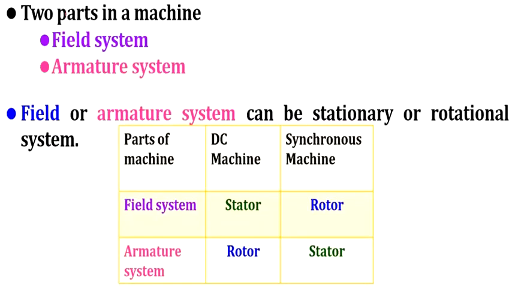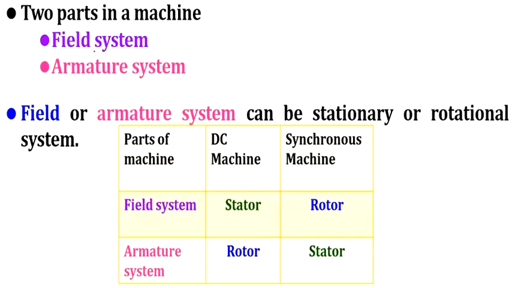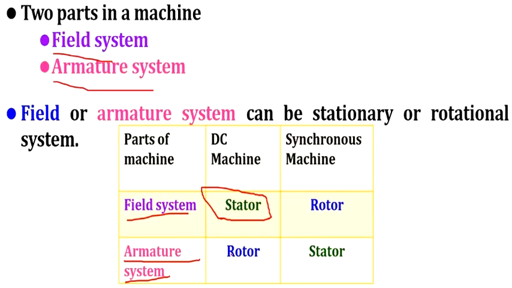In the field system and armature system, the coupling field is the magnetic field. We require two different systems, that is, the field system and the armature. The field system in a DC motor we call the stator. This is stationary, so we call it the stator. And the armature system in a DC machine we name the rotor, the rotating part.